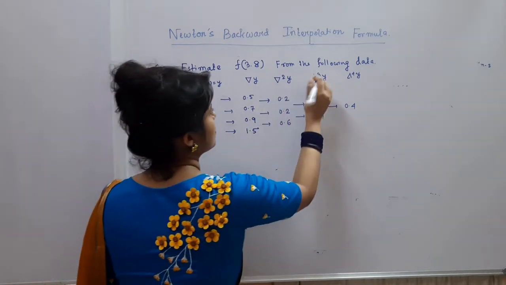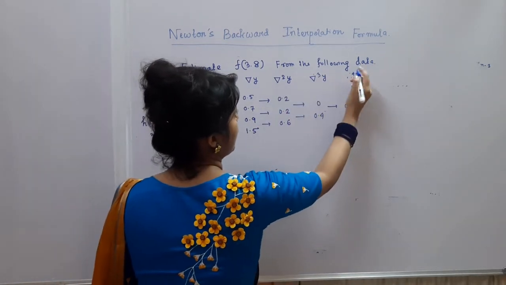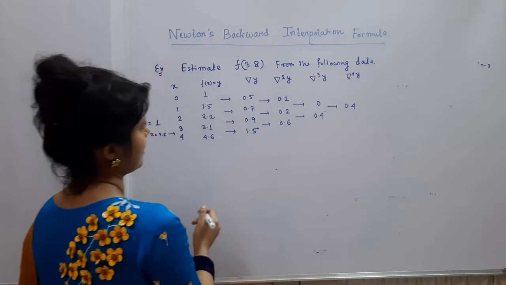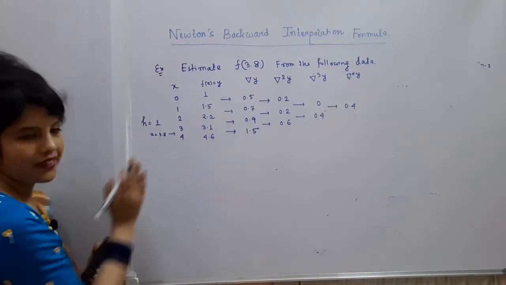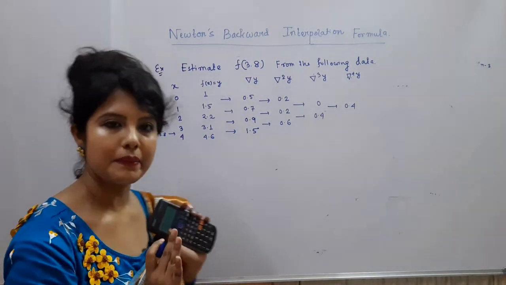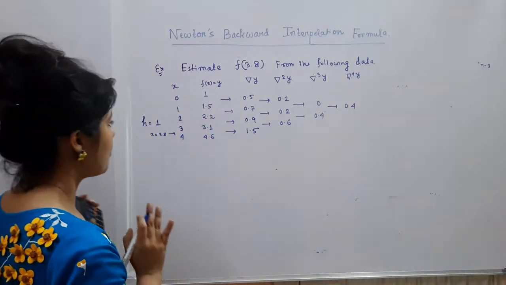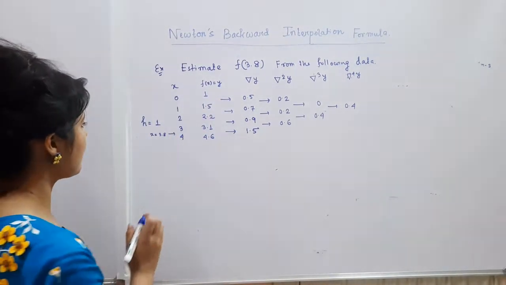So this should be backward, I am writing forward again and again. So this is the difference table, and this difference table is created. Now what is Newton's backward interpolation formula?